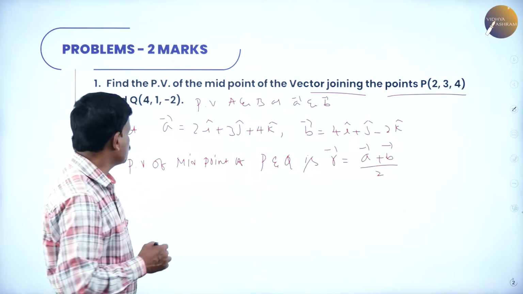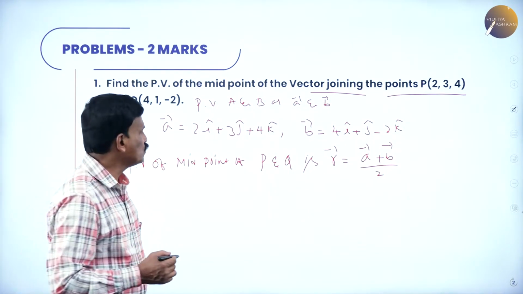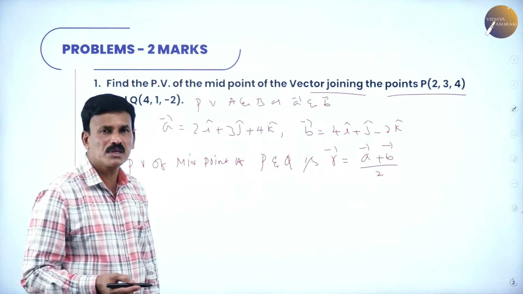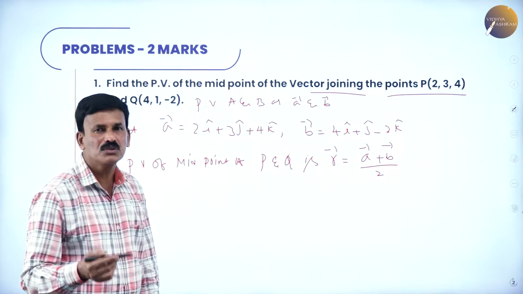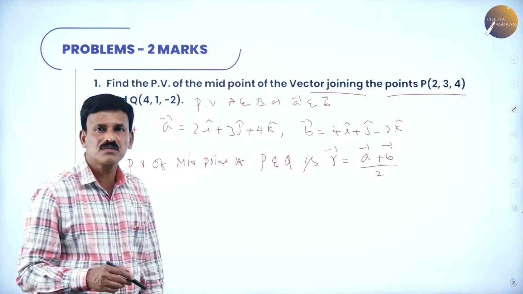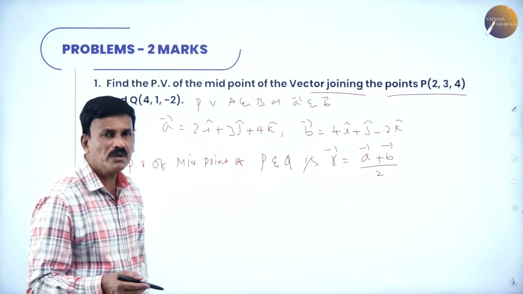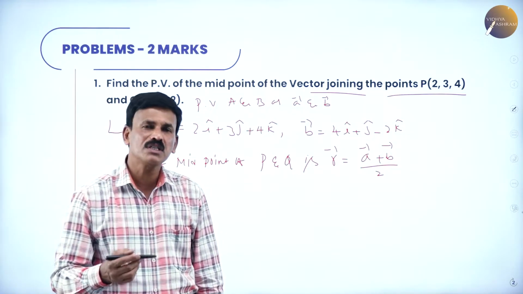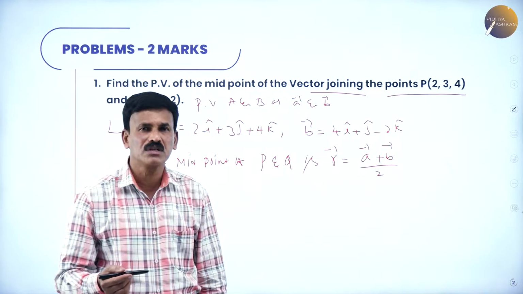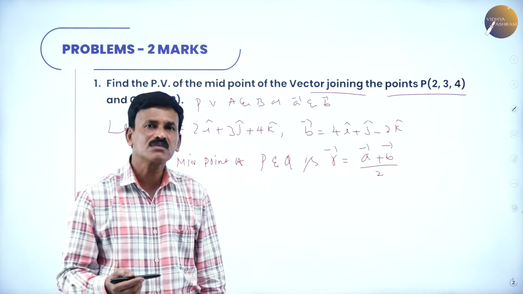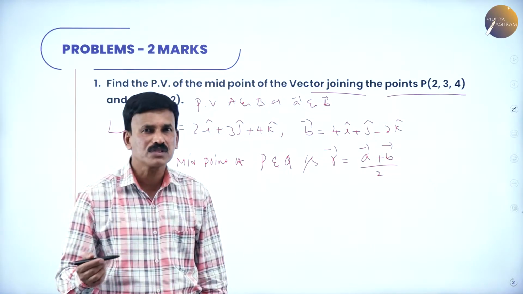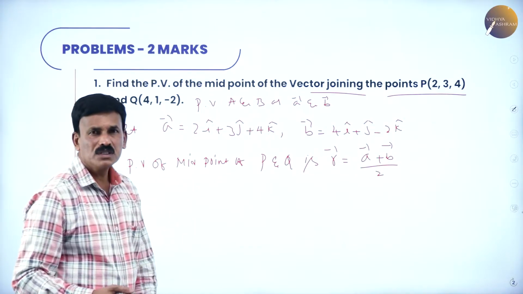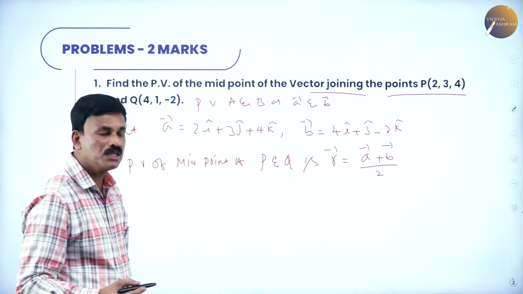Now the position vector of the midpoint of P and Q is denoted as vector R and is given by vector R is equal to A plus B by 2, position vector of A plus position vector of B divided by 2. Now you might have studied in your analytical geometry that the coordinates of the midpoint of a line joining the two points x1, y1, x2, y2 is x1 plus x2 by 2, y1 plus y2 by 2. The same concept we are using. The midpoint of A and B is vector A plus B divided by 2.